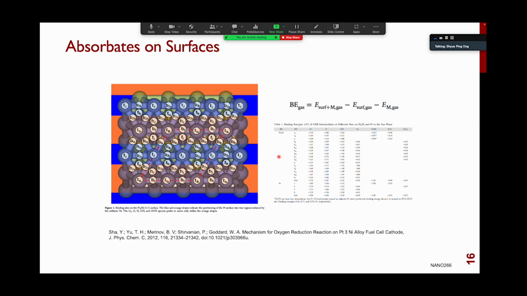And all of these would result in different binding energies, okay? And of course, when we are thinking about a catalytic reaction pathway, we are typically interested in the lowest energy or the few lowest energy adsorption positions of the adsorbates on the surface, okay?